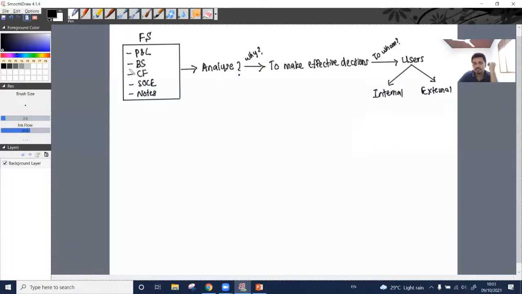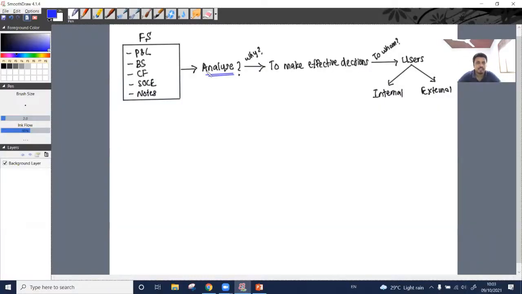Employee unions analyze with a different purpose, right? Whatever the purpose, ultimately they use these analyses to make decisions.